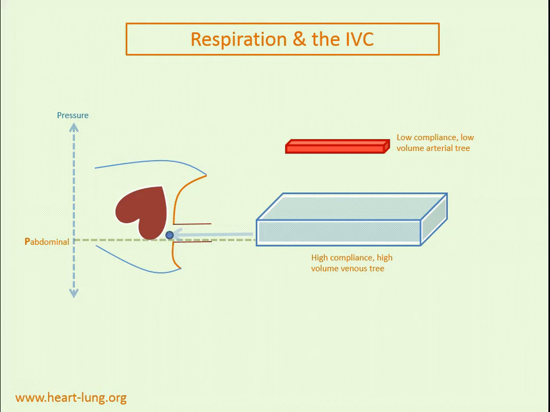And this blue dot here is very important. Throughout the animation it will represent the right atrial pressure, or the central venous pressure. It has a few conflicting forces driving it up or down. The right atrial pressure will tend to rise relative to the intra-abdominal pressure, the green line here, and that would tend to dilate the IVC.